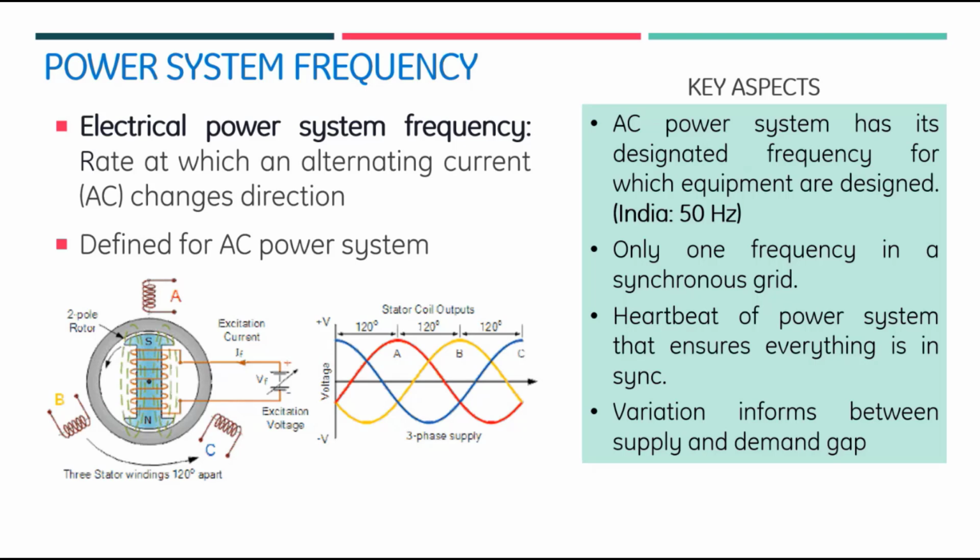It is like the heartbeat of the power system, ensuring that everyone is running in synchronism with each other. It also ensures that whenever there is a variation in supply and demand, the variation in frequency shows that gap between the demand and supply side.